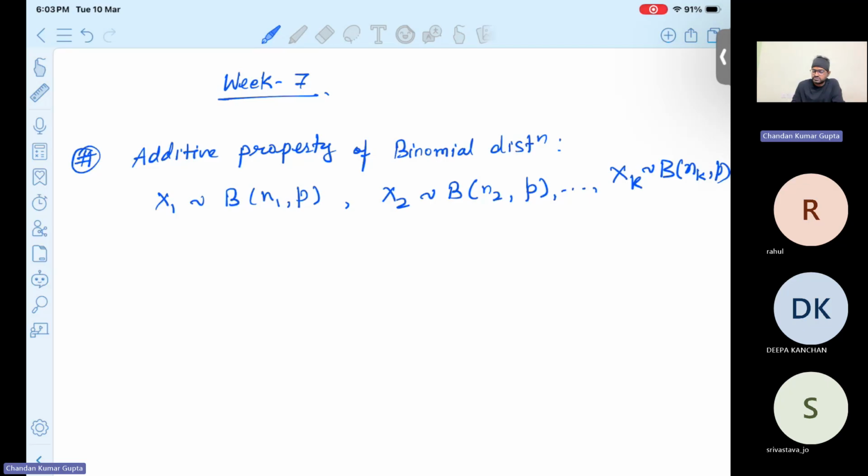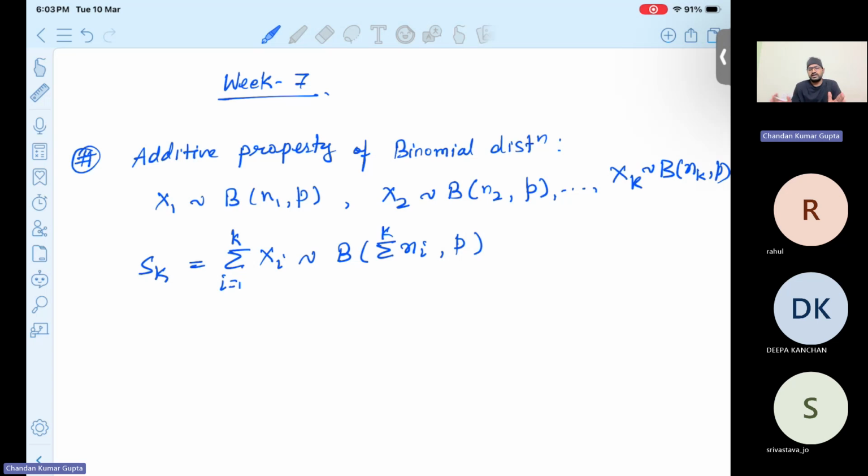So in this situation, suppose we define a new random variable via the summation of these random variables. That is, suppose Sk, the summation of the k random variables, is the summation of Xi, i from 1 to k. This follows binomial again with parameter summation of ni, and since the p parameter is common, it's p.